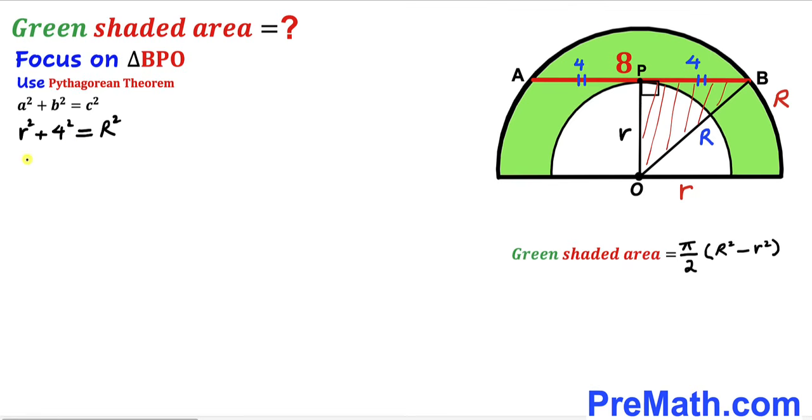Let's simplify. That gives us r square plus 4 square, which is 16, equal to uppercase R square. Now I'm going to move this lowercase r square to the other side. So we could write uppercase R square minus lowercase r square is equal to 16.